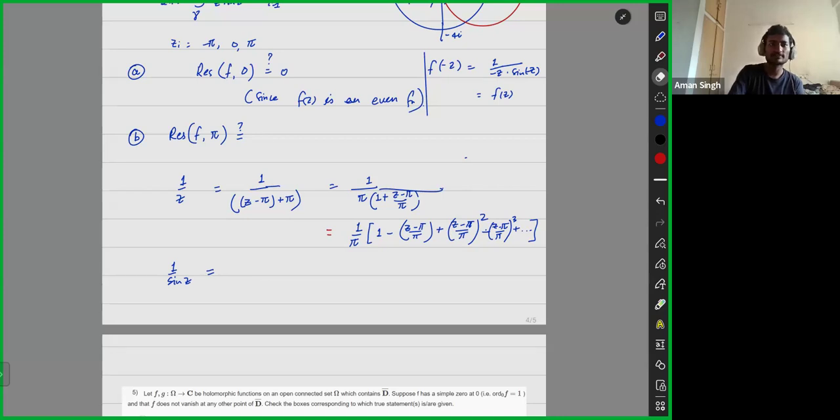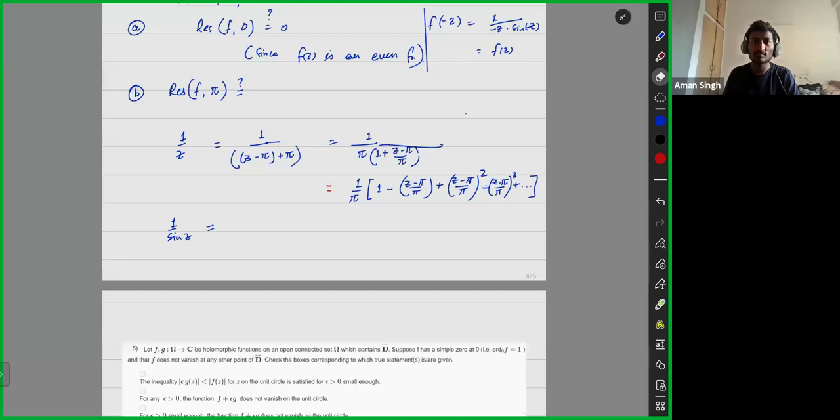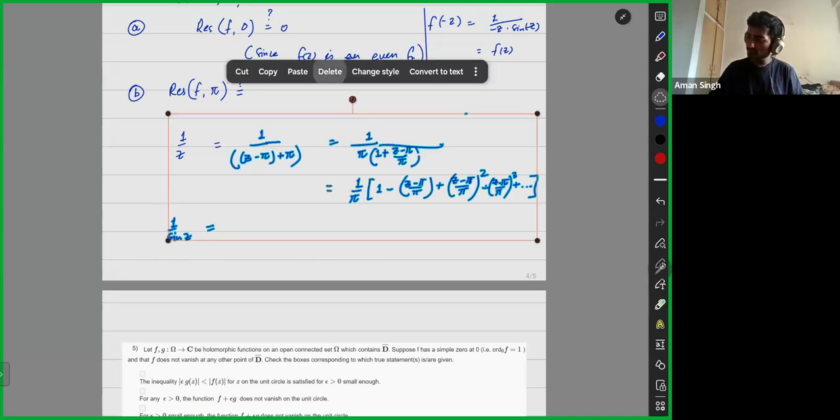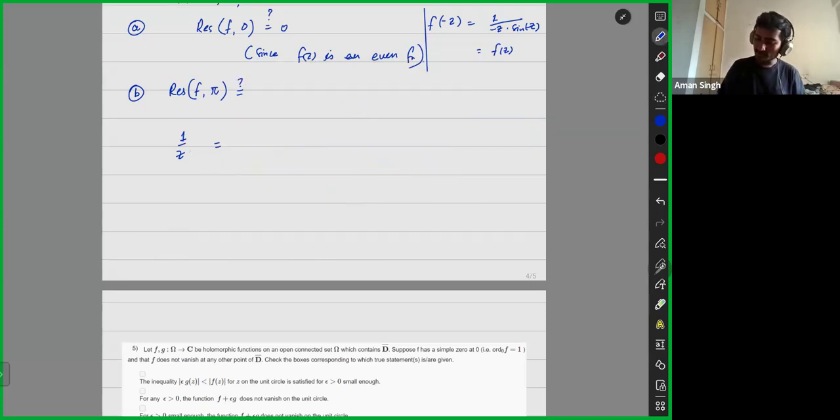Give me a second. So the trick is this: 1 by z into 1 by sine z. Let me delete this part. z sine z. This can be written as 1 by z.